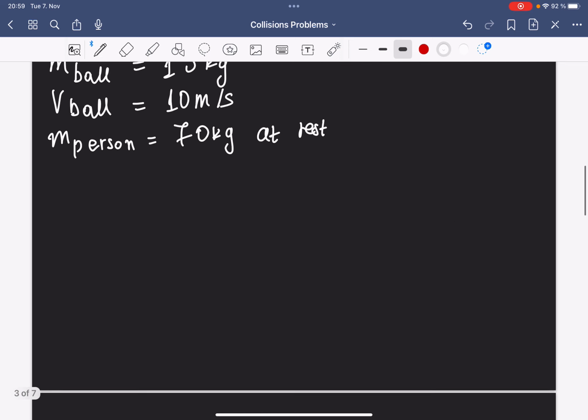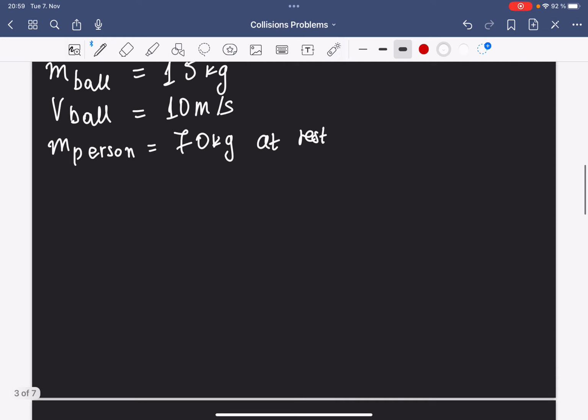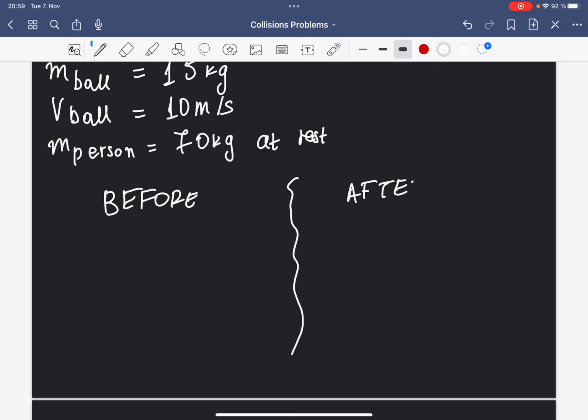So if we try to draw this scenario simply, we are going to have what I call before and after the collision.